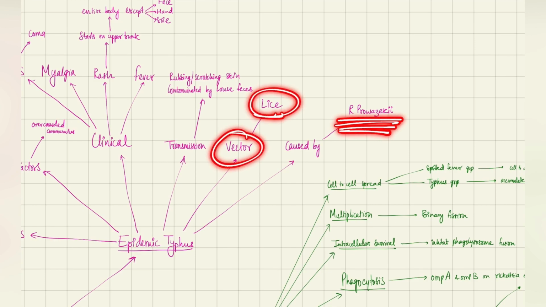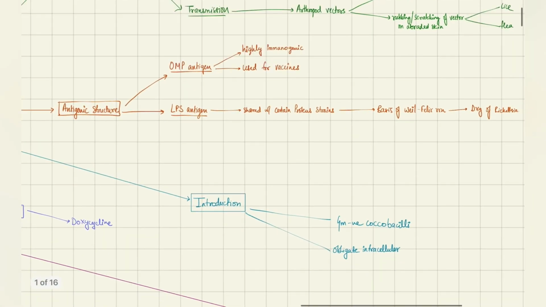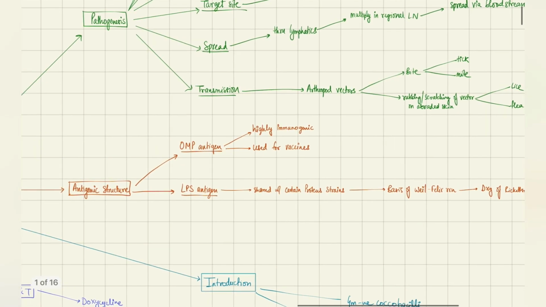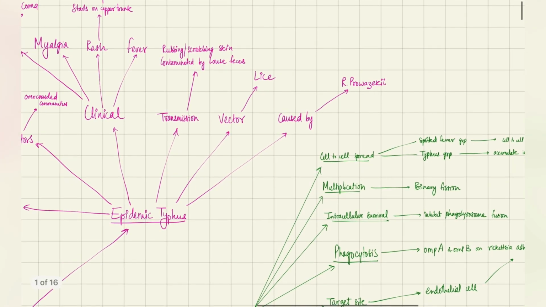As soon as I say the vector is lice, we need to understand that the transmission must be through rubbing or scratching of the skin by contaminated louse feces. Why? Because this was mentioned earlier, that transmission is by rubbing the vector onto abraded skin by lice. So you have to relate these things. If the vector is lice, the transmission is by rubbing or scratching of the contaminated feces on the skin. Clear? So the vector is lice, and then it is transmitted inside.